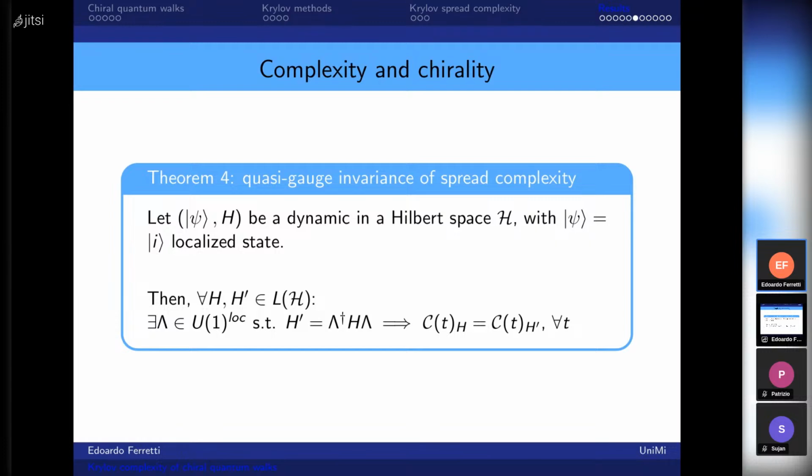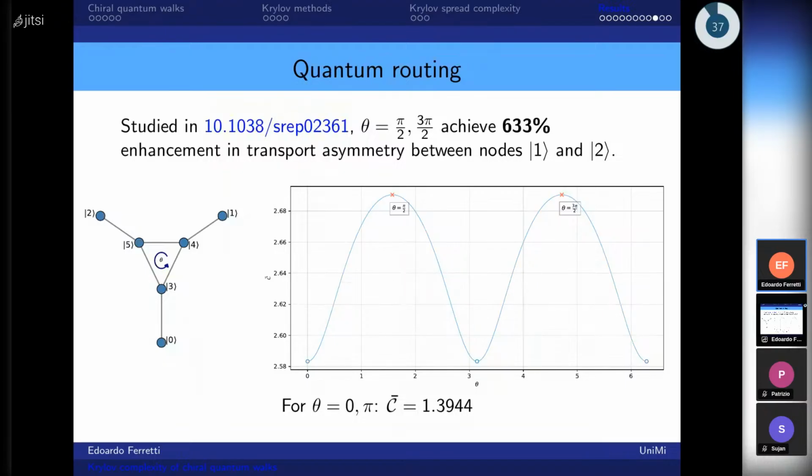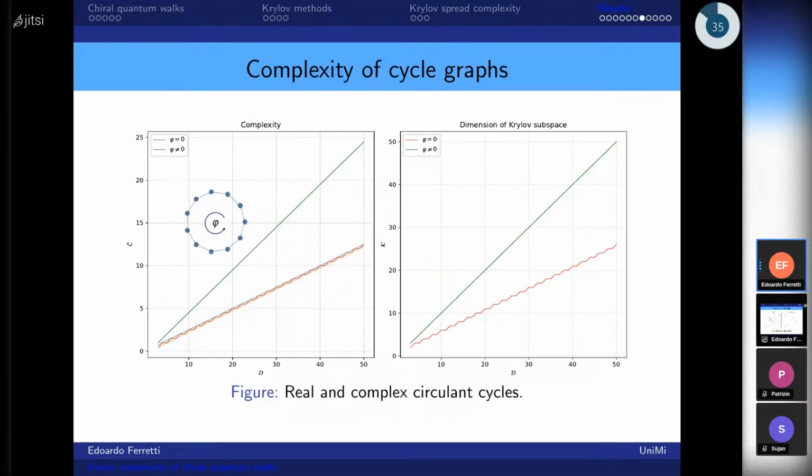To be honest, this is not true in this other case, because one can prove that the number of independent phases allowed by quasi-gauge symmetry is equal to the number of independent loops in the graph. So here, no, not here. Here we only have a loop, so one phase.